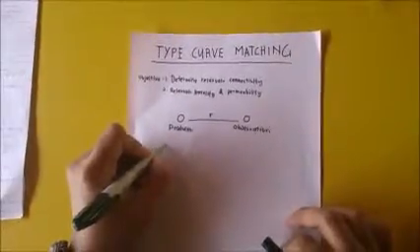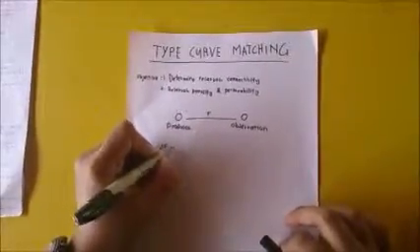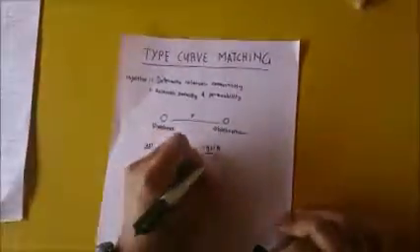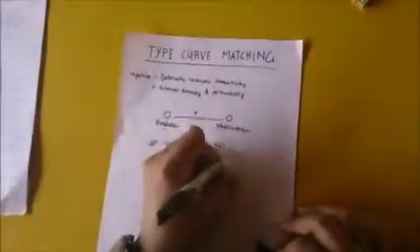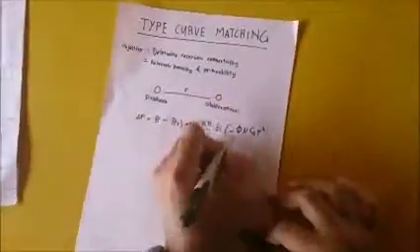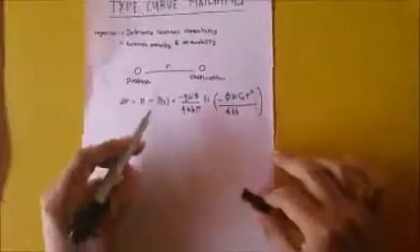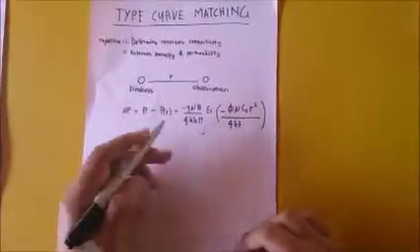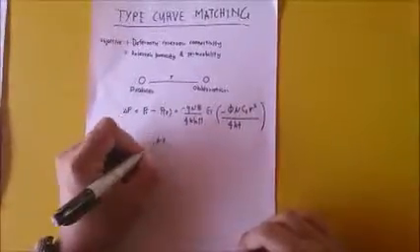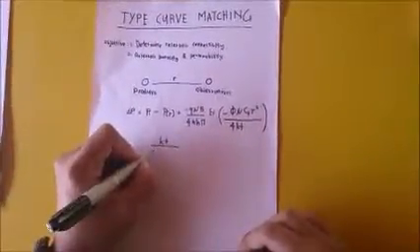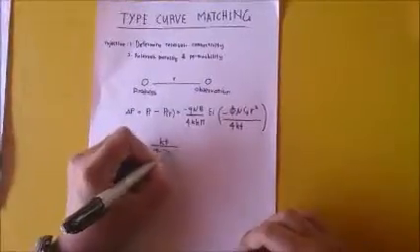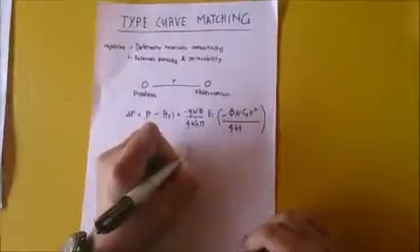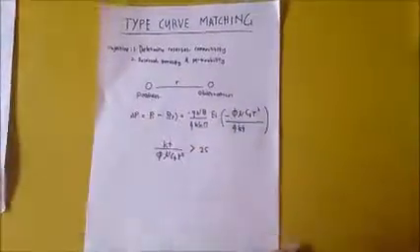The solution is delta P. However, this line source solution is only valid when kt over porosity mu Ct R squared is greater than 25.